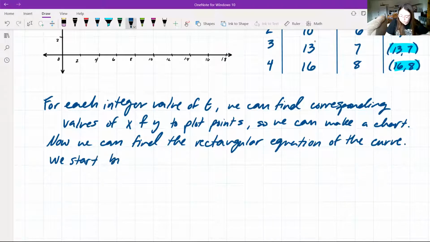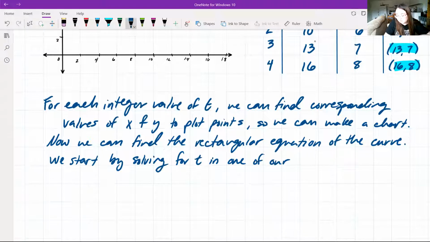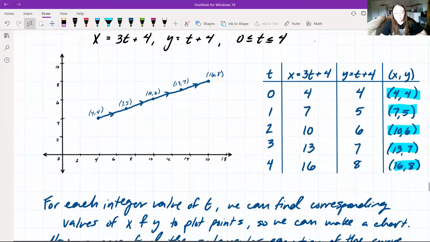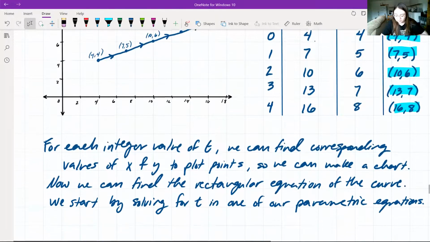We start by solving for t in one of our parametric equations. Looking at our parametric equations, we have x is equal to 3t plus 4 and y is equal to t plus 4. The easier equation to solve for in this case is going to be y. So we'll solve for t in our equation for y.